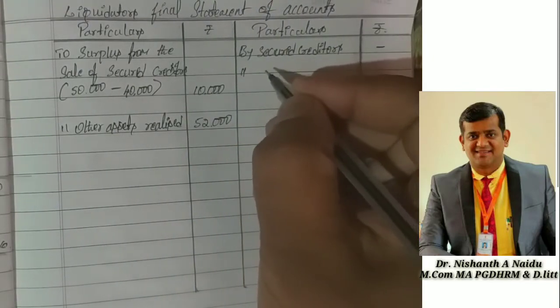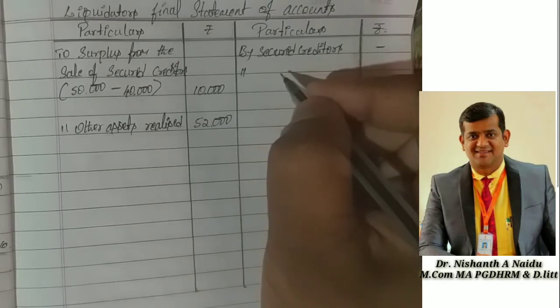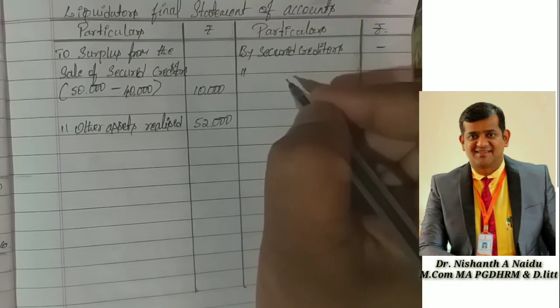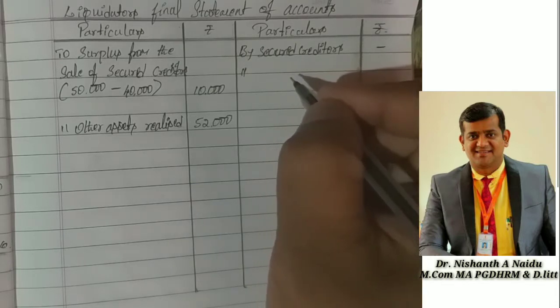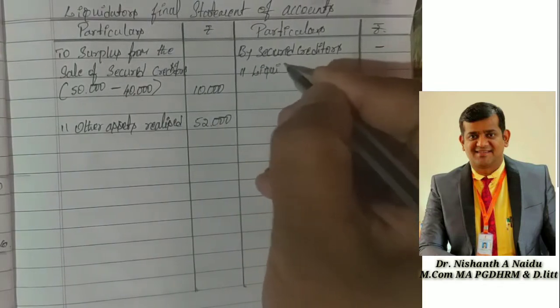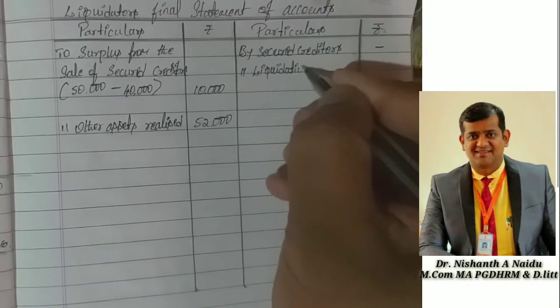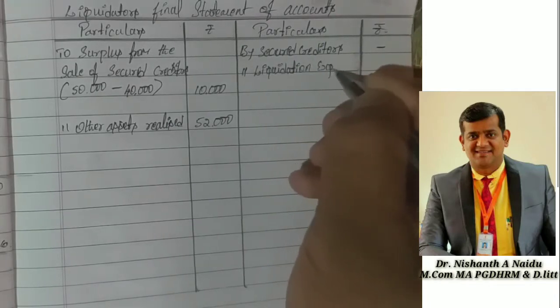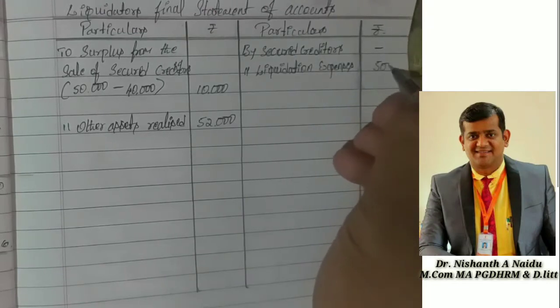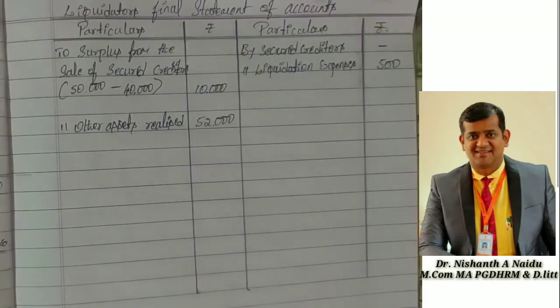Look at point D in the problem. By liquidation expenses, that is 500 rupees.